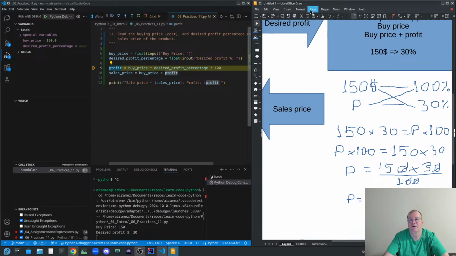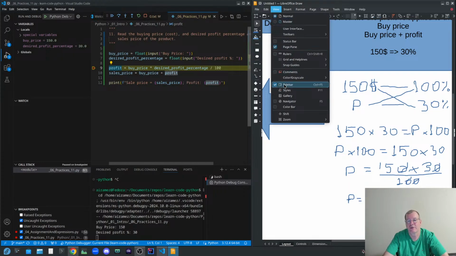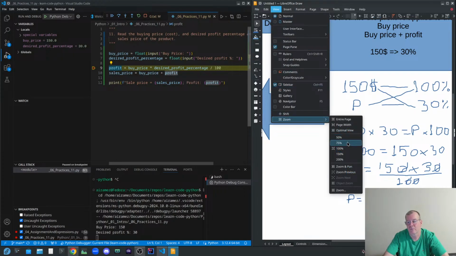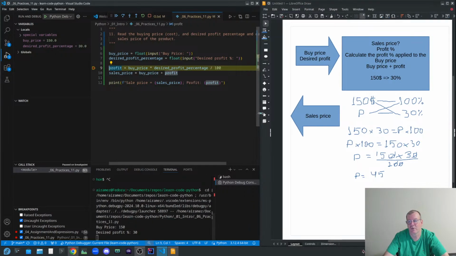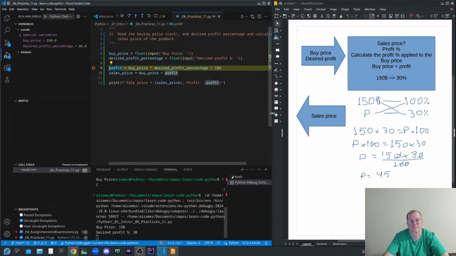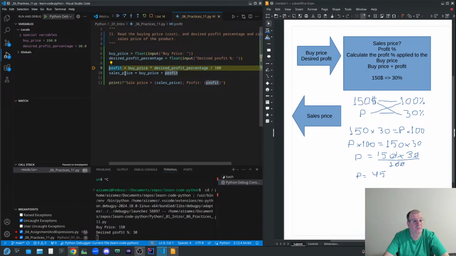I will go here to view and zoom, and I put like 100% here. So now we can get some more space. And now let's see if we are doing the right calculation. It will be 150 multiplied by 30 and divided by 100. So it will be like 45.